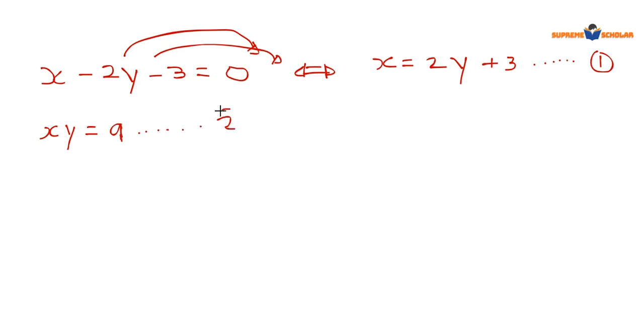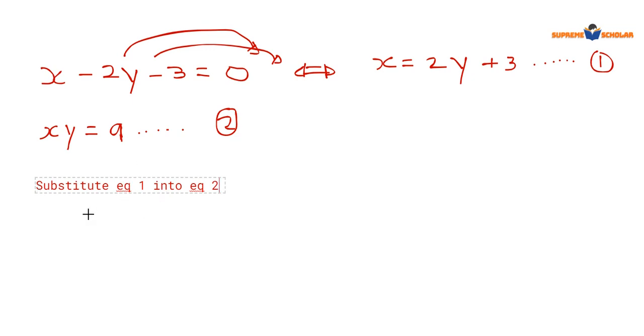And then our next step would be to substitute whatever x is in the first equation into the second equation. So we substitute equation number 1 into equation number 2. I'm using some weird abbreviations over here, but you should understand what I'm saying.